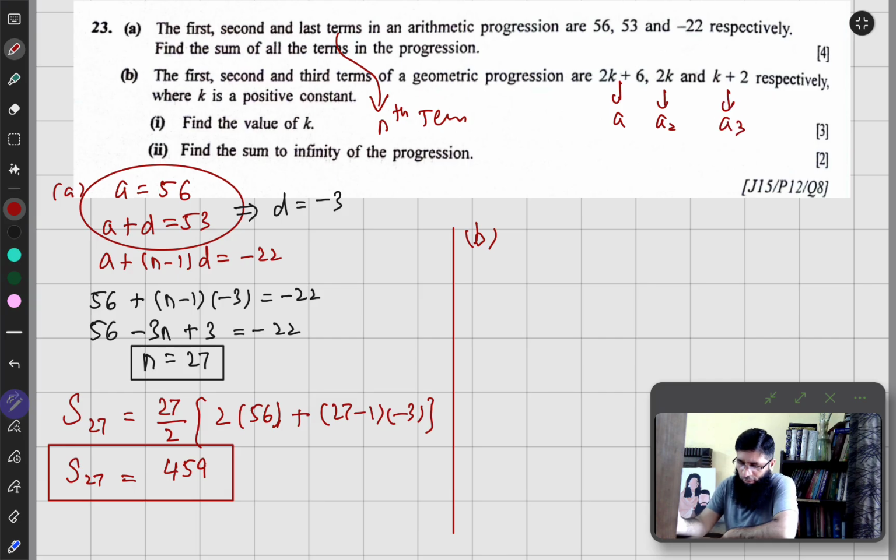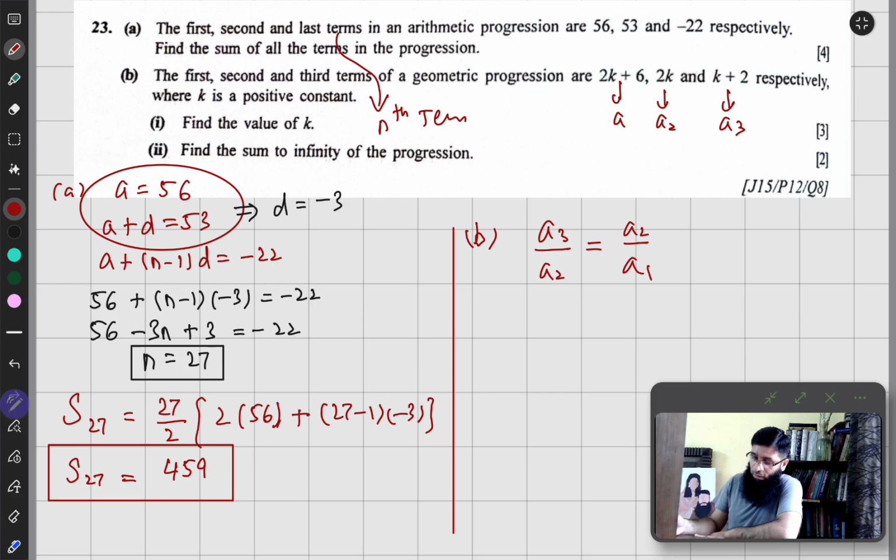You know that for a geometric sequence, if you divide any term by the previous term, you will get the same number. It is basically the definition of the geometric sequence. I've already told you. So here in this case, if you divide the third term over the second term, or the second term over the first term, you will get the same number.